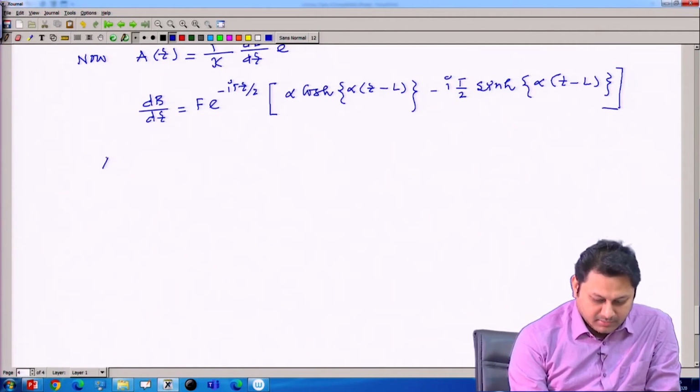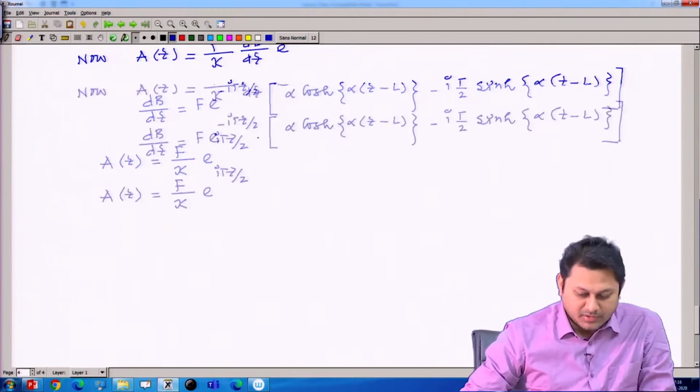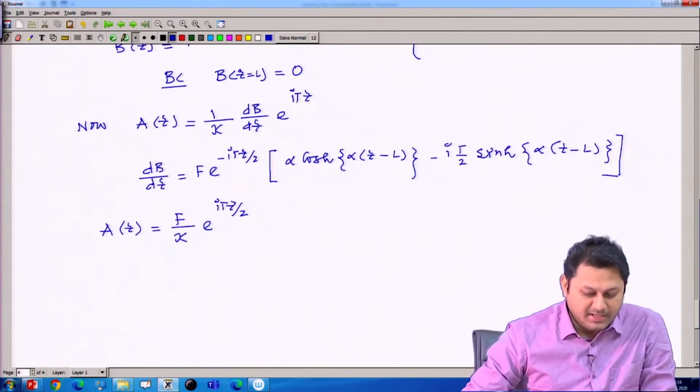Well, then A z will be simply f divided by kappa e to the power of i gamma z divided by 2, because here we have already i gamma z and here I have minus i gamma z divided by 2.